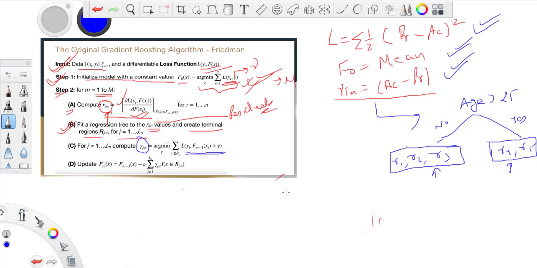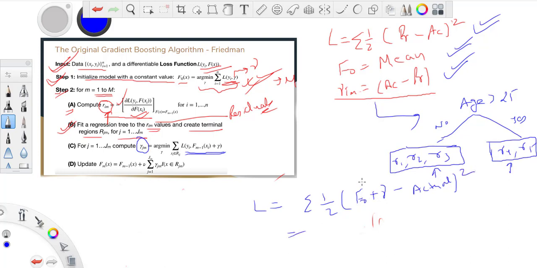So my predicted value now becomes f naught, which was the previous prediction, which was nothing but the average in our case when we initiated it, plus the gamma which we need to find out, minus the actual value, and it's squared.